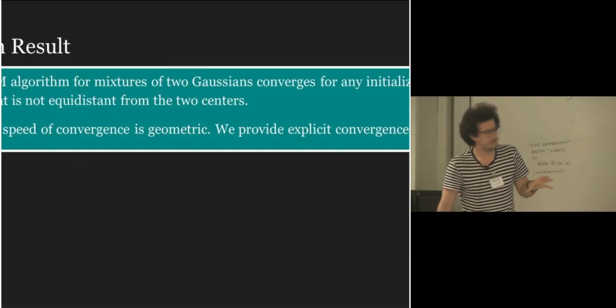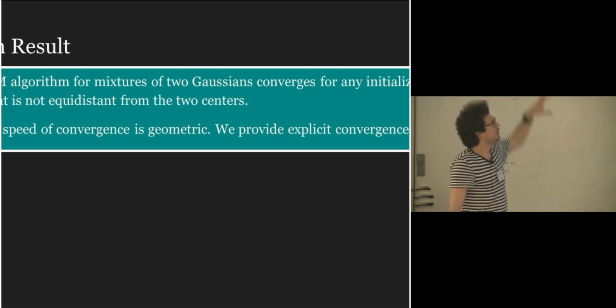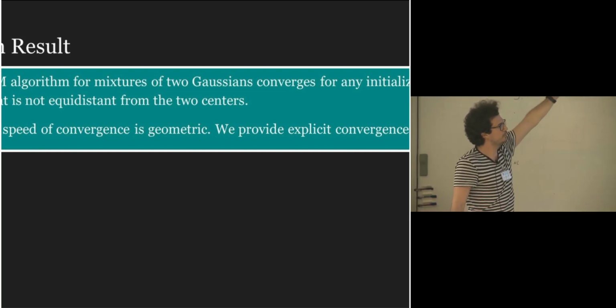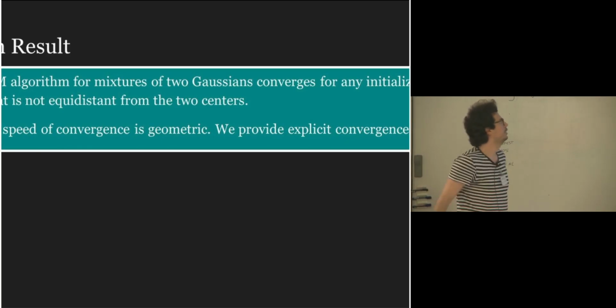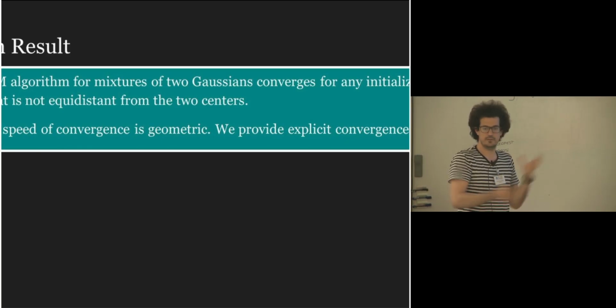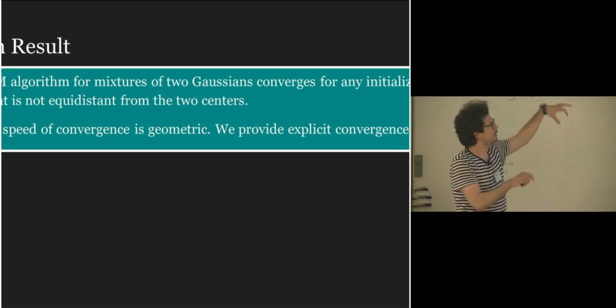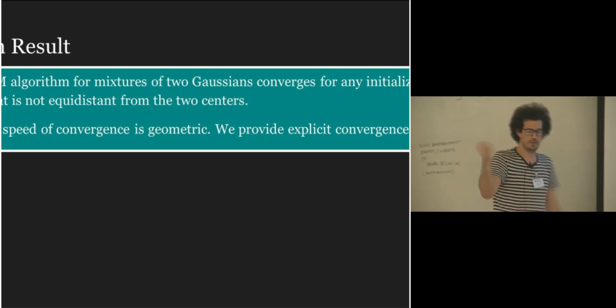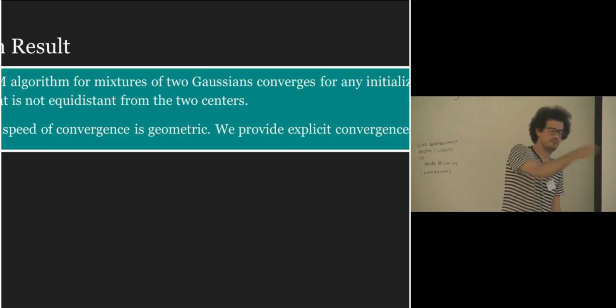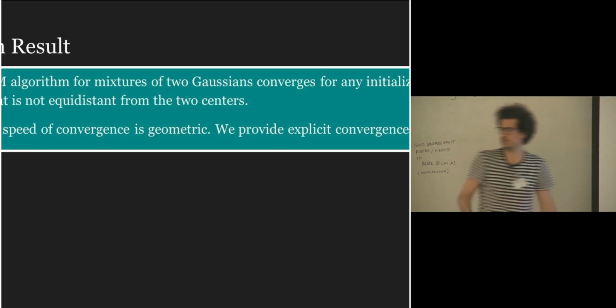So what is our main result? Our main result is that the EM algorithm for this model converges to the truth from essentially every initialization. And we characterize the speed of convergence, and in fact, the speed of convergence is geometric. So at every step, you improve by a constant factor your distance to the truth.